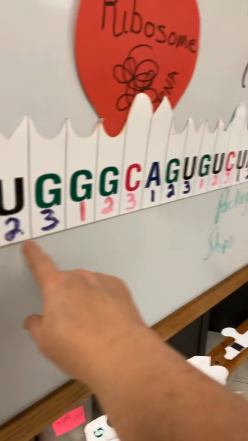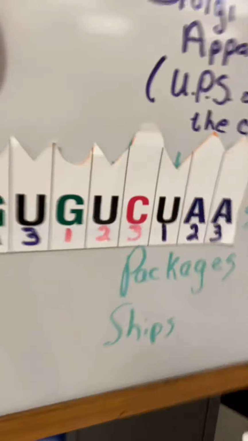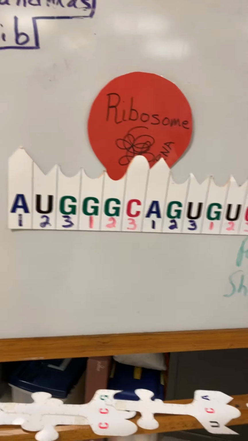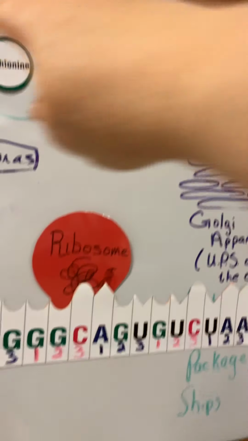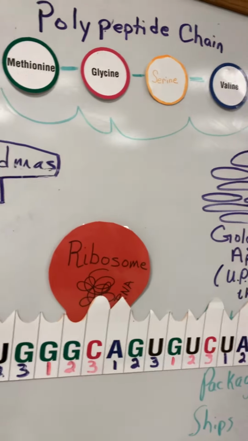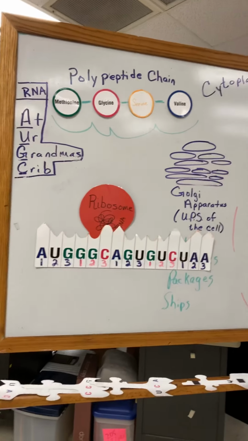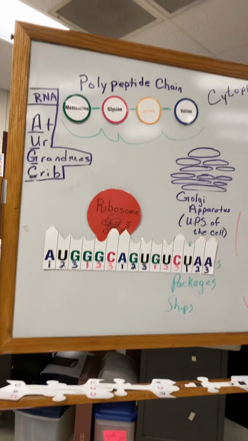So you can have AUG numerous times in the messenger RNA. The polypeptide chain can be 3 amino acids. It can be 4 amino acids. It can be 20 amino acids. It just depends on which protein it's actually building for what body function it's going to be performing.